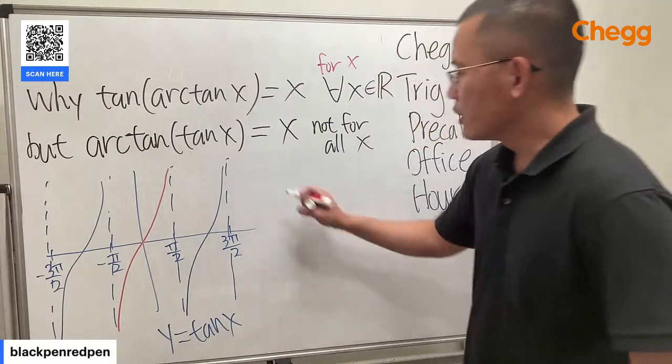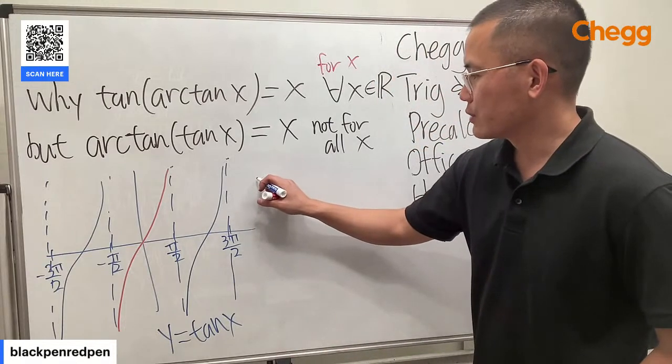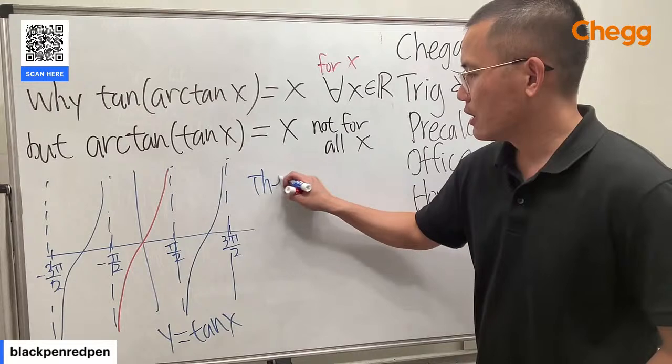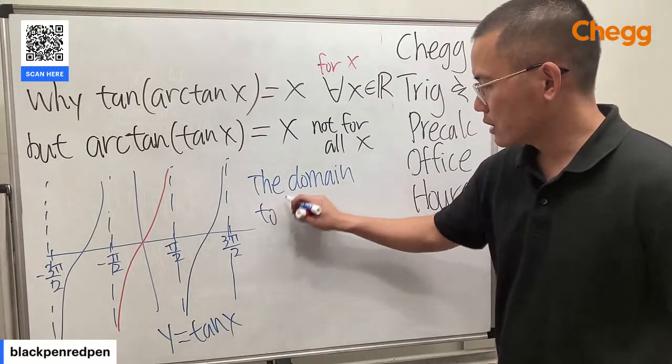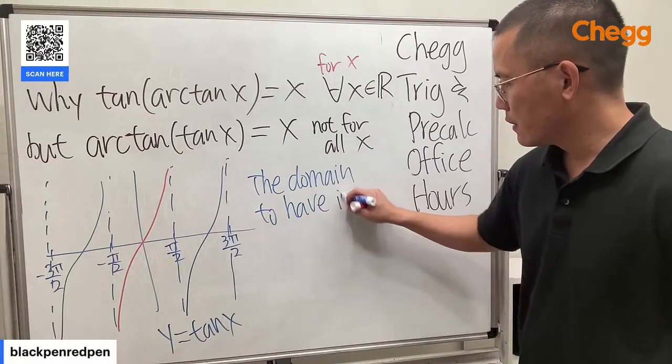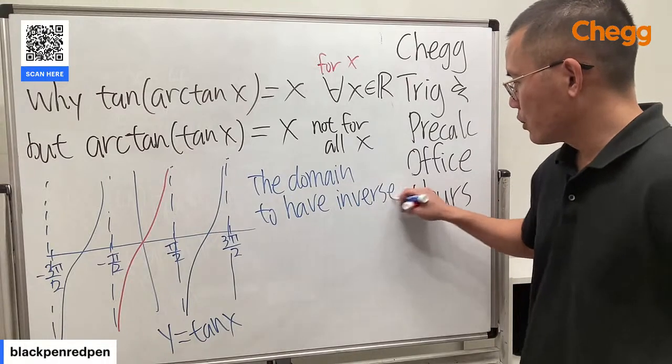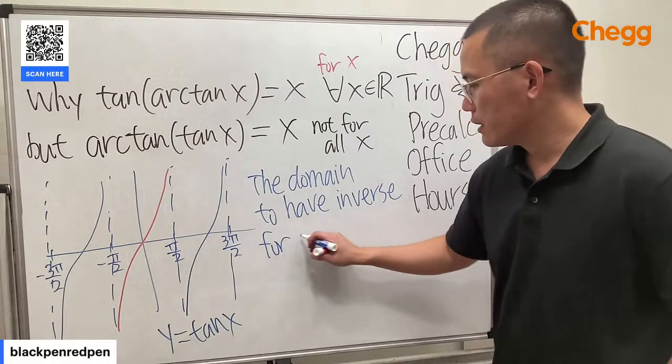So the domain to have inverse, I'll just write this down. The domain to have inverse for tangent x.